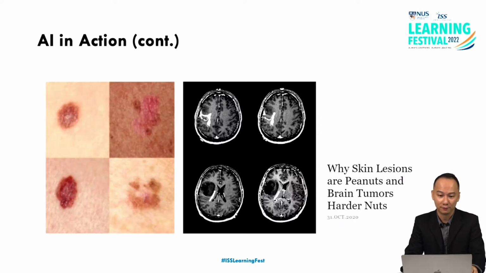I have an example here where if you were to process medical images using artificial intelligence, you really have to specify what it is that you're looking for. Case in point here, the example is looking at skin lesions versus an MRI that's looking at brain tumors.